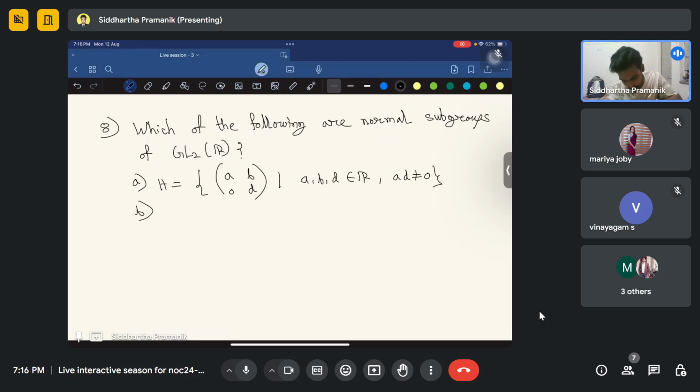The second one is O2 of R, meaning the set of all orthogonal matrices of order 2. So A belongs to GL2R such that A transpose A is the identity matrix of order 2.